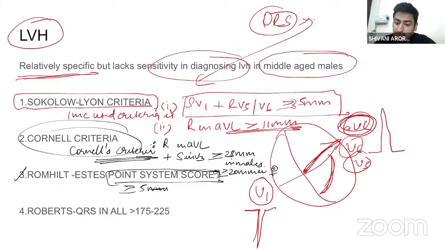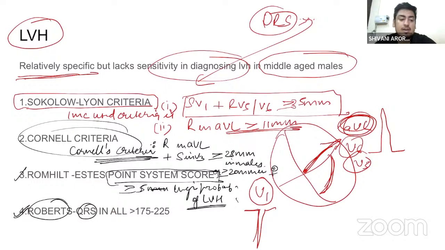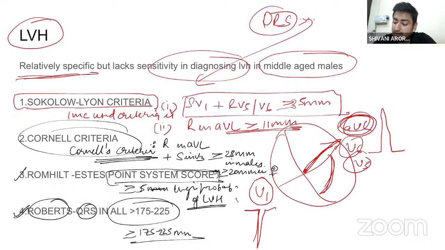Now the last criteria is Roberts criteria, which states that the height of QRS in all the leads should be more than or equal to 175 to 225. This is the last criteria. Then the next slide is ST-T changes in LVH.